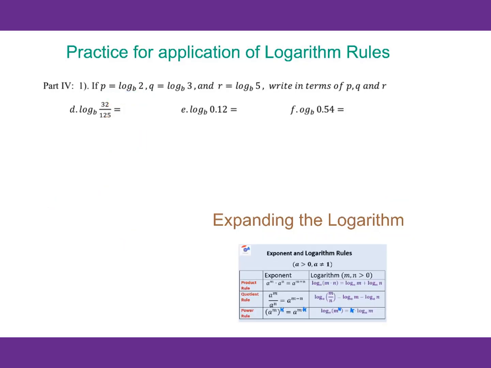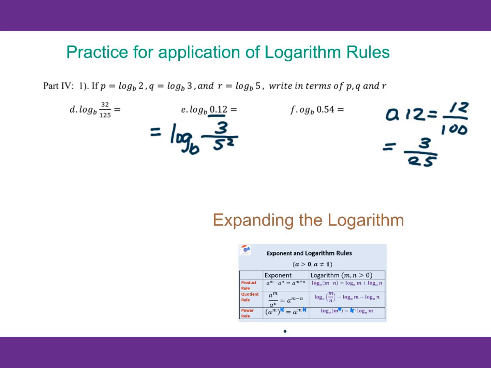For number E, whenever you have a decimal, change into a fraction. You get 12 over 100. Then reduce, you will get 3 over 25. 25, I can write down 5 to the 2nd power. Therefore, I got 5 squared.